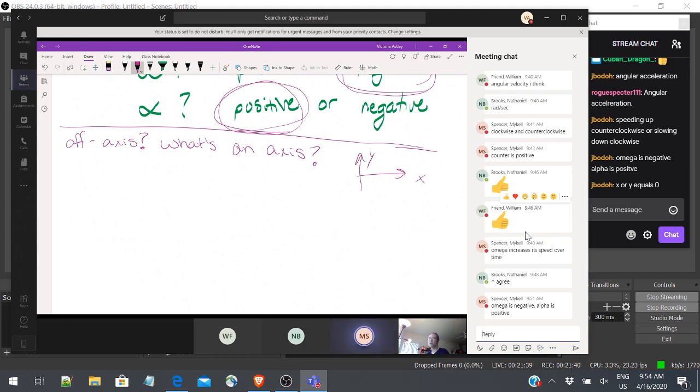So that's true. We are interested in specifically axis of rotation. What's an axis of rotation? It's the kind of thing that's easy to understand, but not necessarily easy to put into words.